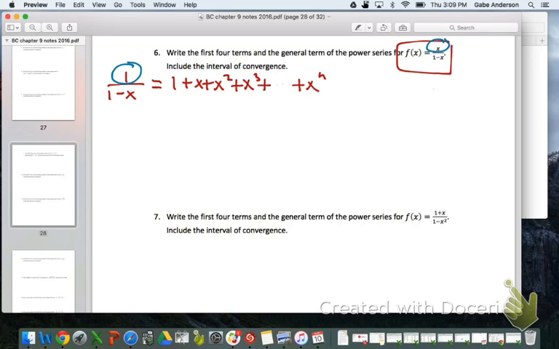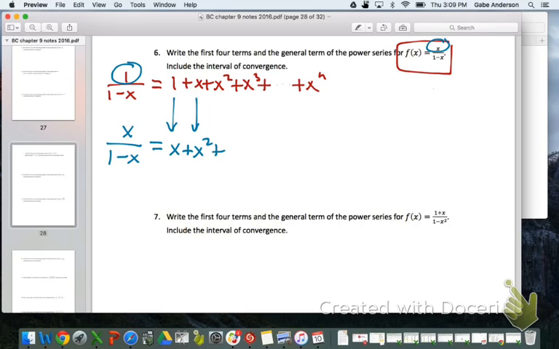So that's what I'm going to do. I'm going to multiply the left side by x. That gives me x over 1 minus x. That's what I'm wanting. And then in my series, I just multiply an x times each of the terms. So 1 times x gives me x. X times x gives me plus x squared.